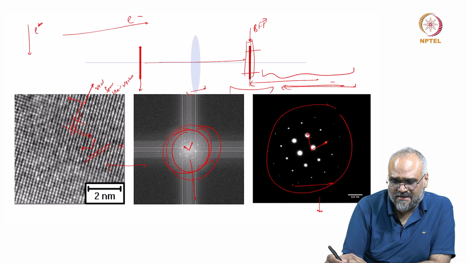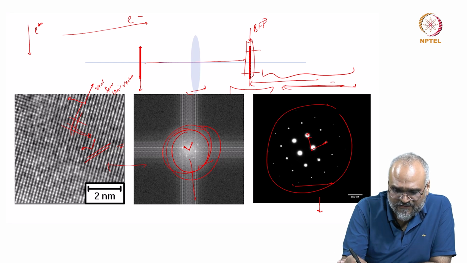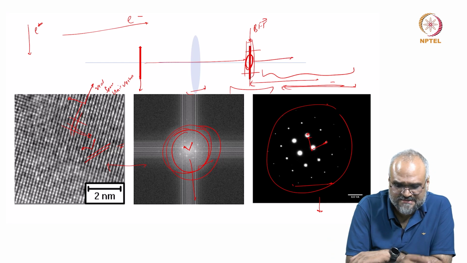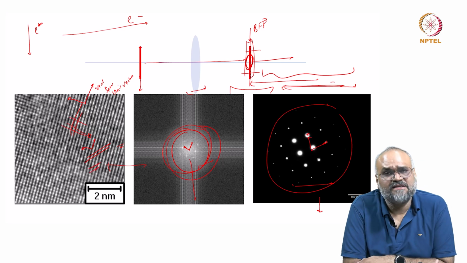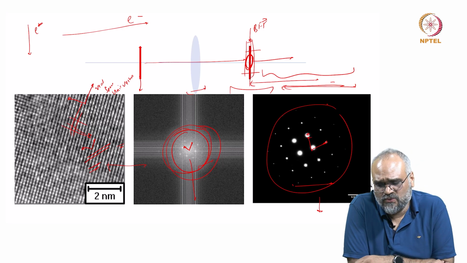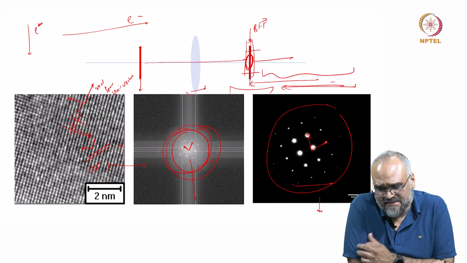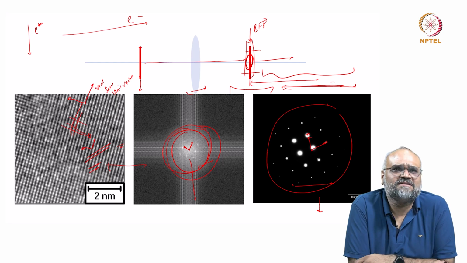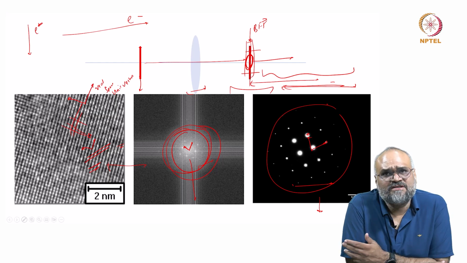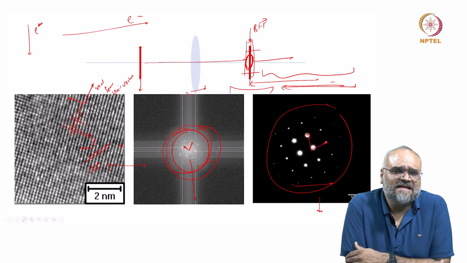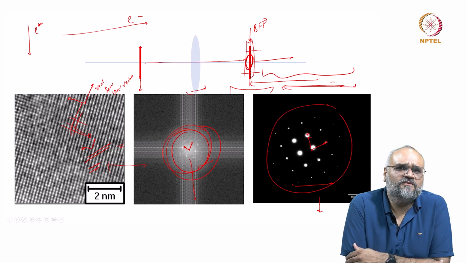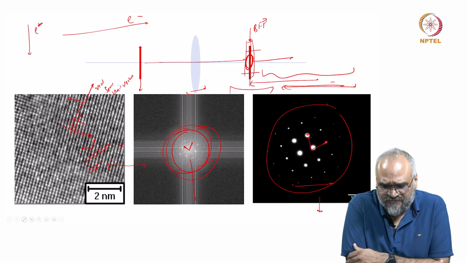But when my object is only from a small region here, I can still get meaningful crystallographic information from a material even if I am not able to resolve the details through an image. So, this is what makes electron diffraction a very powerful tool. In short, electron diffraction is a powerful technique in the transmission electron microscope from which you get crystallographic information.